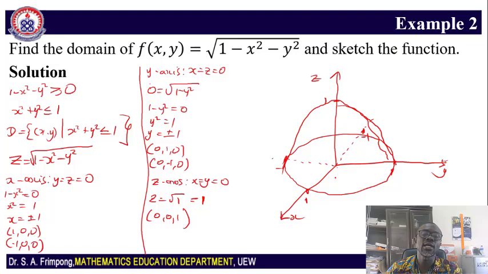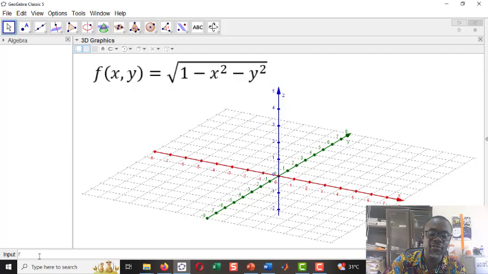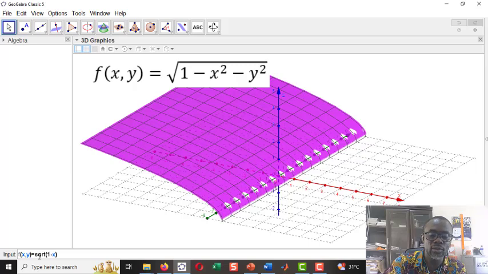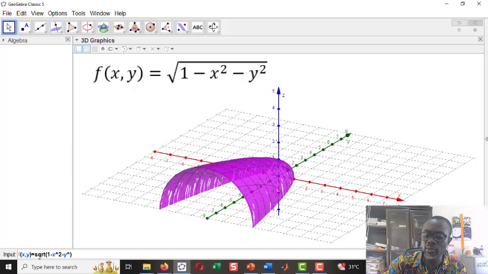Let's go to GeoGebra and see how it gives it to us. This is GeoGebra with 3 dimensions. So let's just type the function f of x comma y equal to the square root of, in GeoGebra you type sqrt, 1 minus x raised to the power 2 minus y raised to the power 2.